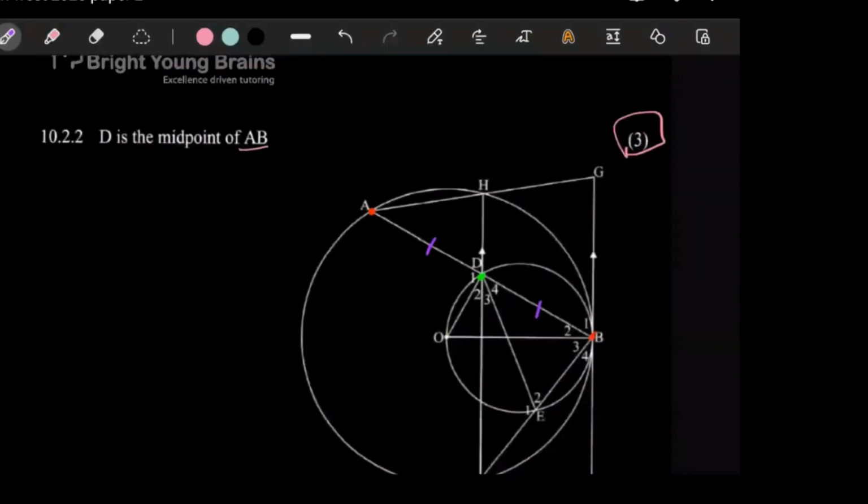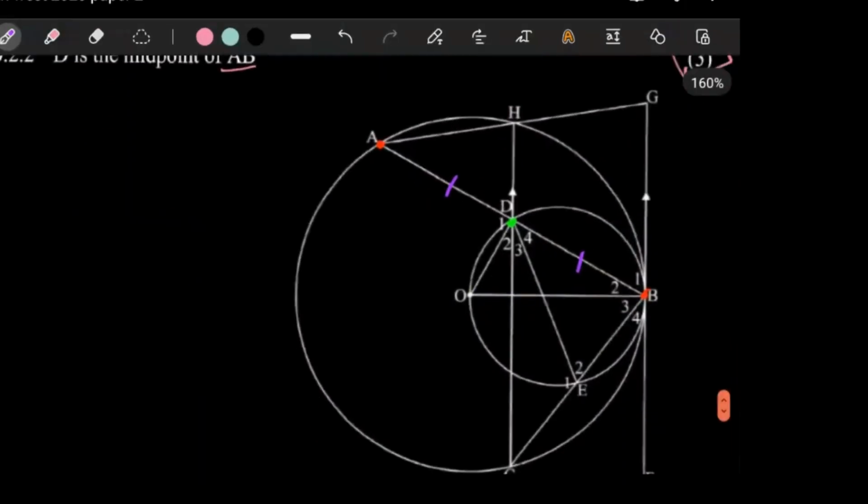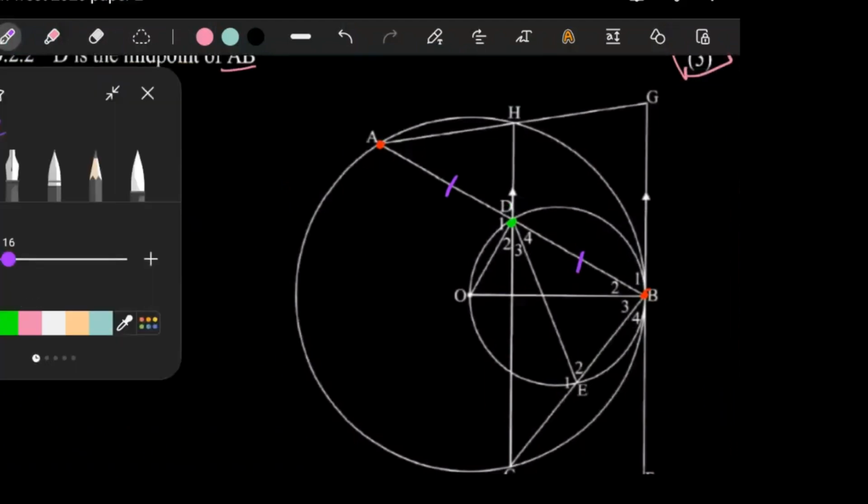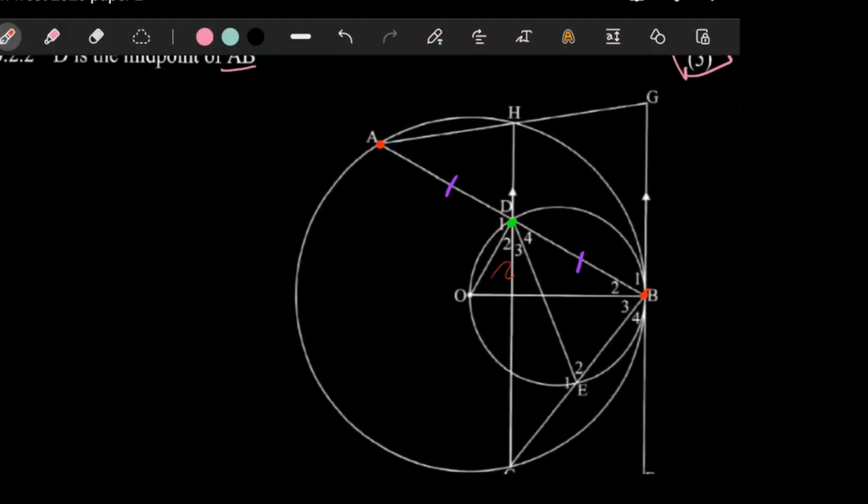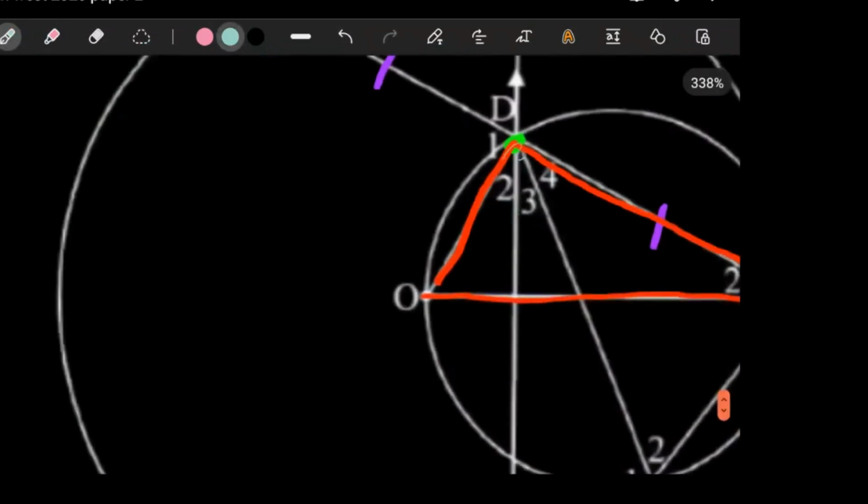So I see angle in semicircle. In our small circle, what we do have is the diameter, which is this line over here, and as long as we have that, we have this triangle over here, in which we know that this angle here is a 90-degree angle.